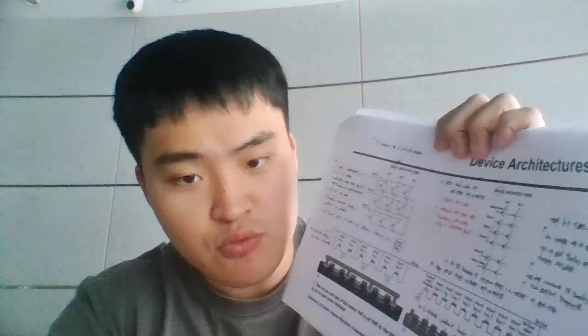But we don't need a metal line in the NAND. So the NAND structure's advantage is the gate pitch is smaller than the NOR junction, so it has a higher degree of integration.